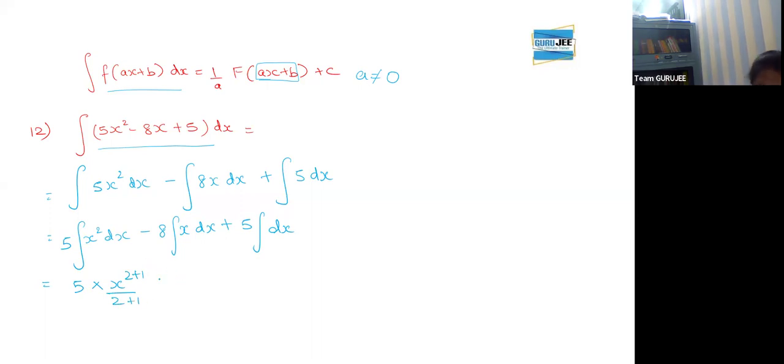No need to write c, we'll write it at the end as capital C. For 8x, x to the power 1, so 1 plus 1 by 1 plus 1. Plus 5 dx alone is there. If it is k dx, it will be kx plus c. So 5x plus c. C1, C2, C3 together equal to C.